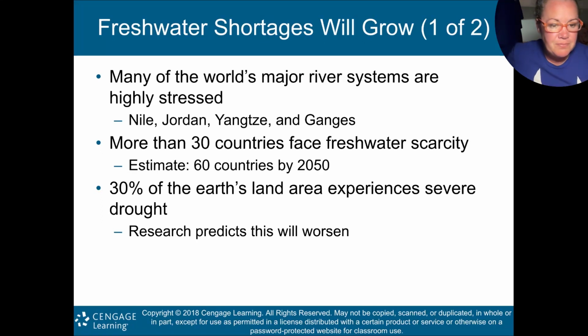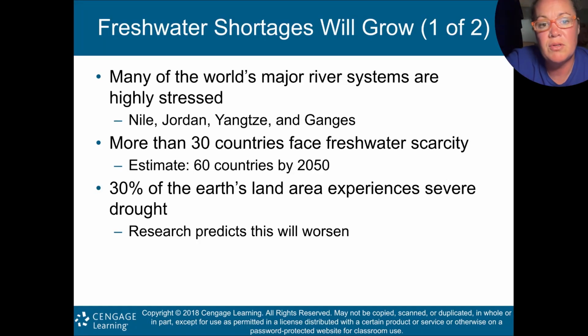When you look at a budget, much like money, if we are using water faster than it can recharge the areas that it is naturally being stored, then we're going to run out in a certain amount of time. So when we look at those industrial processes that are being employed to produce our food, it's really important to look at the efficient use of water and introduce ways that we can technologically reduce the amount of water that is required to produce those amounts of food.